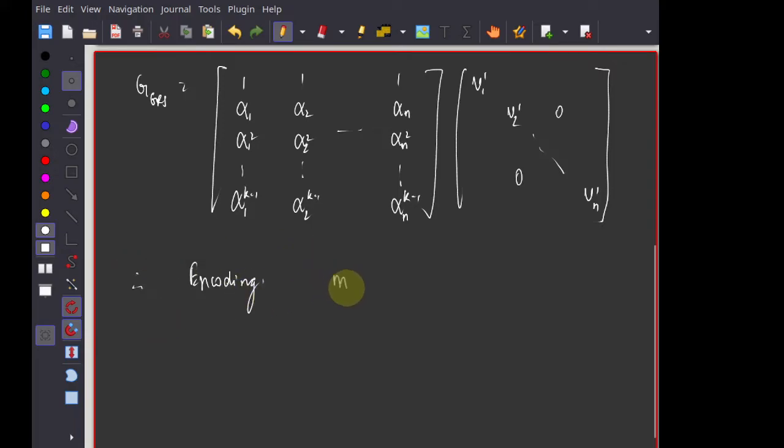So you have the message polynomial m of x, which is m0 plus m1 x and so on up to m_{k-1} x to the k minus 1. So this is the message polynomial, and the code word is basically equal to m of alpha 1, m of alpha 2, up to m of alpha n. So the code word is obtained by evaluating the message polynomial at n different points.